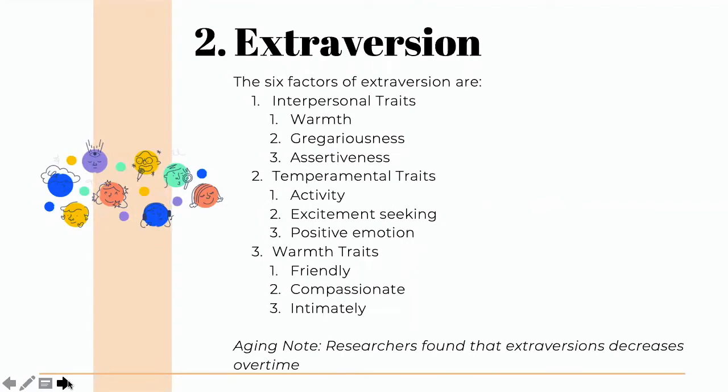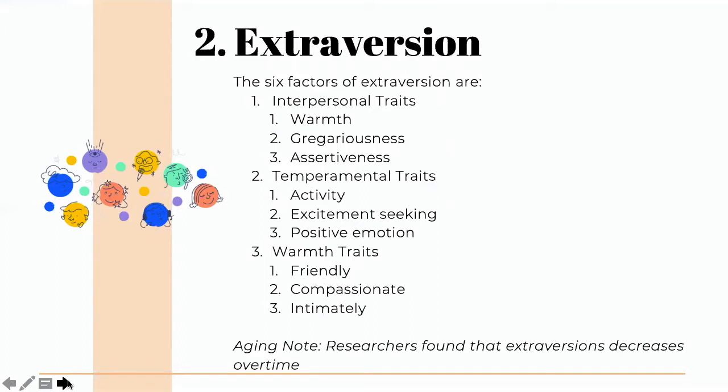So when you think of someone who's more extroverted, they're probably more outgoing, they're talkative, they're easy to get along with. And they broke extroversion up into 3 traits, and under those 3 traits, there are three things that go along with each. So overall, an extroverted person is interpersonal, they're temperamental, and they're warm.